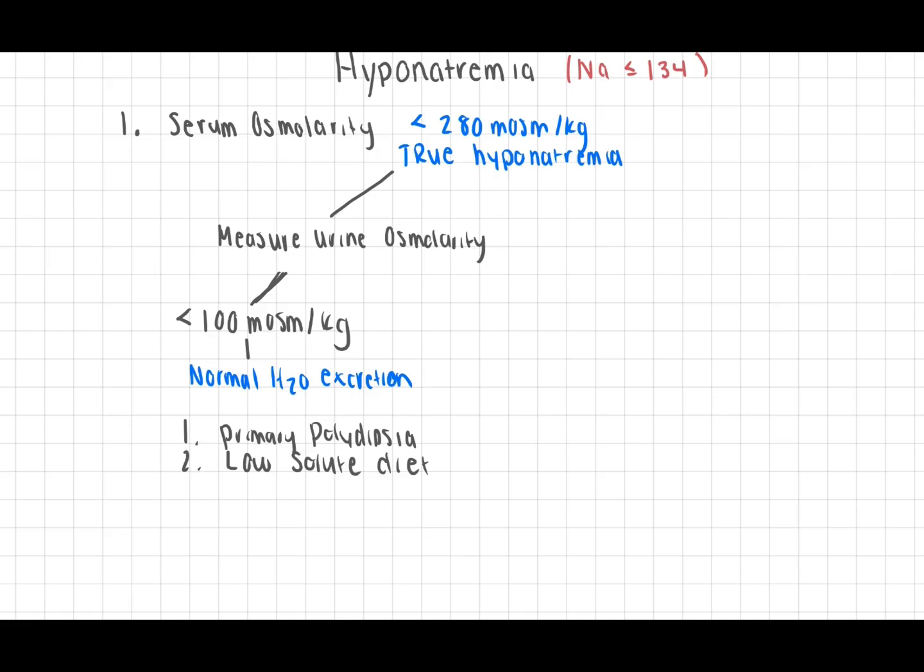And because you don't have that amount of solute, you can't really get rid of the excess. So even though your body's retaining water, the urine osmolarity is low because you're trying to excrete the excess water. They're trying to excrete whatever free water they can against an empty solute pool.